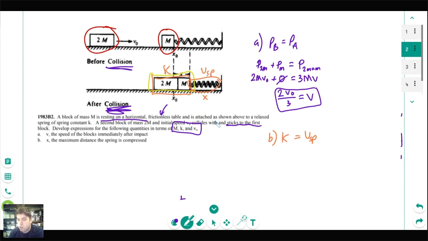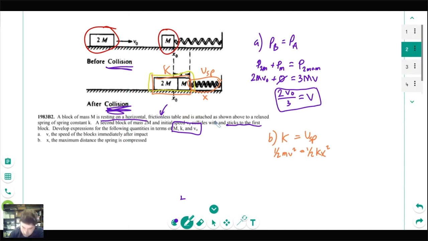We jump over to the reference tables, and then we can pull out kinetic energy, 1/2 mv squared, 1/2 kx squared for potential energy in the spring. And we can go through and solve for k.